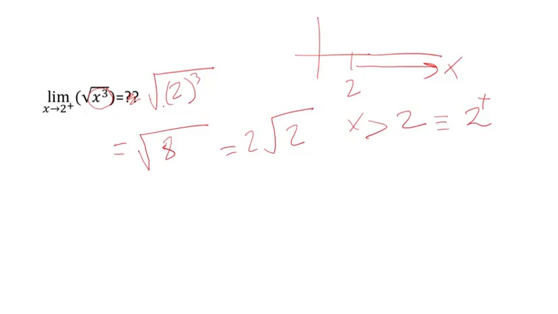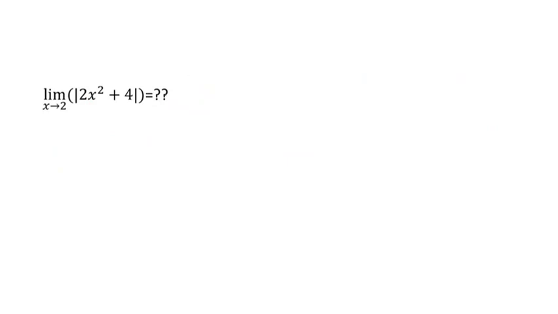Again, I went ahead and evaluated this limit by replacing x with 2, because x is greater than 2. If it was 2 minus, it would be different, because you're talking about x being to the left, which means it will get negative.